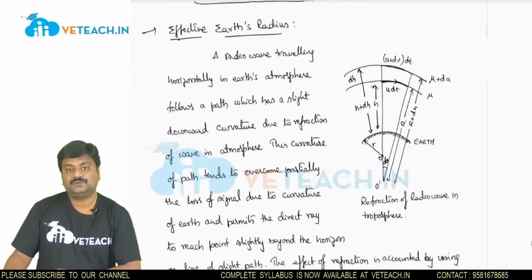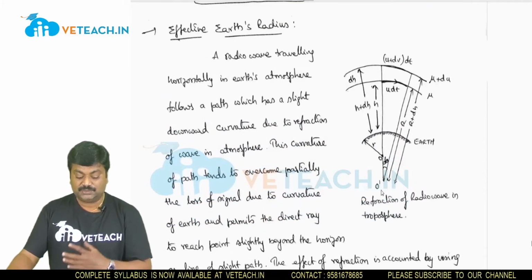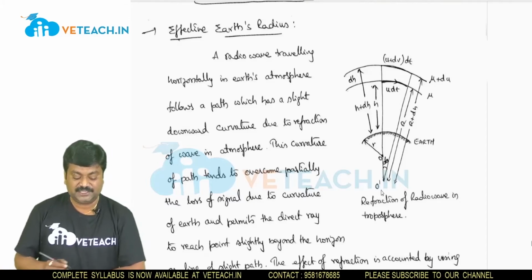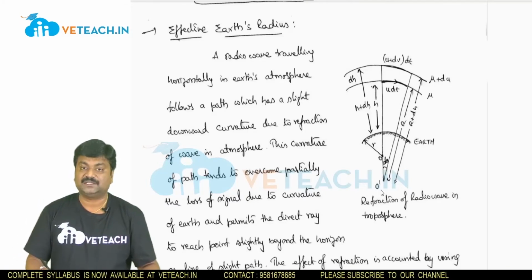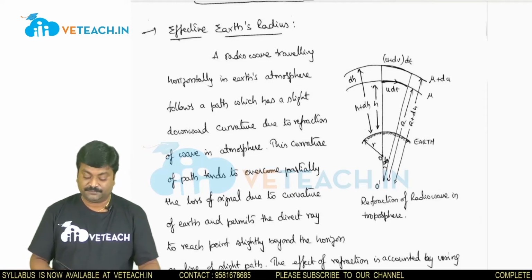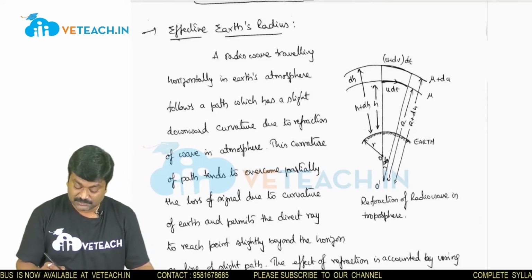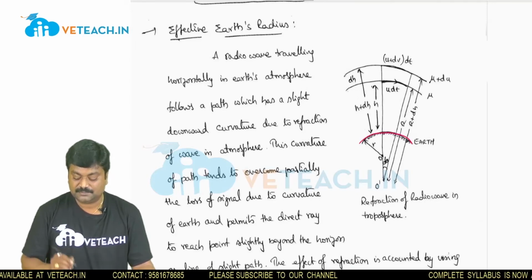Now moving on to the effective earth radius. This effective earth radius is observed when we follow a path which has a slight downward curvature due to refraction. So right now I am seeing this in the same diagram.